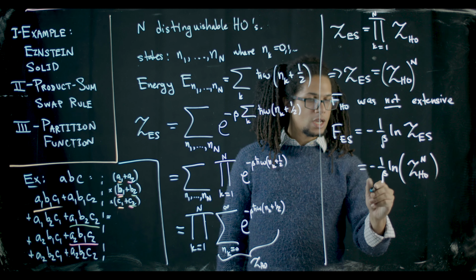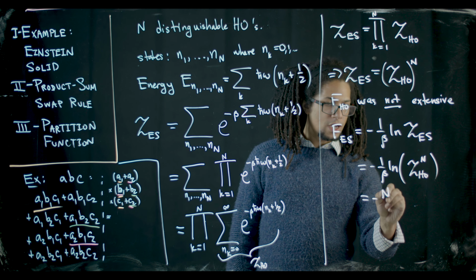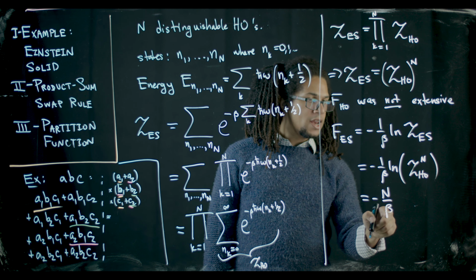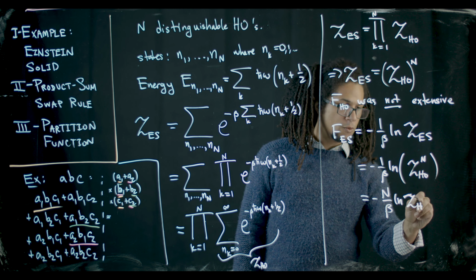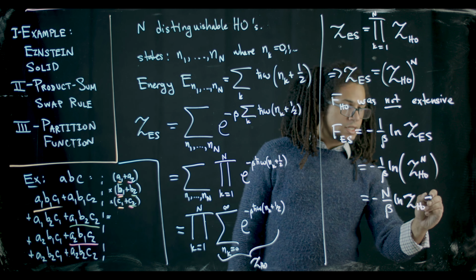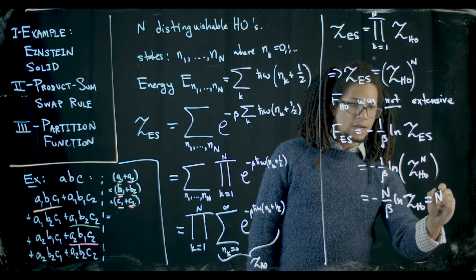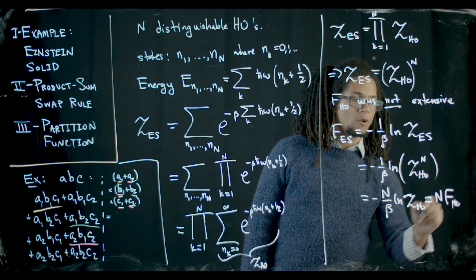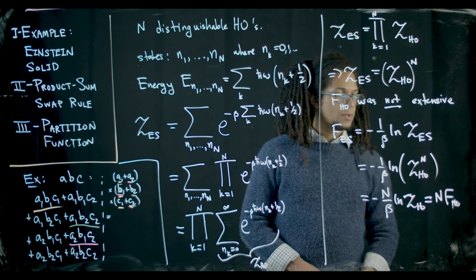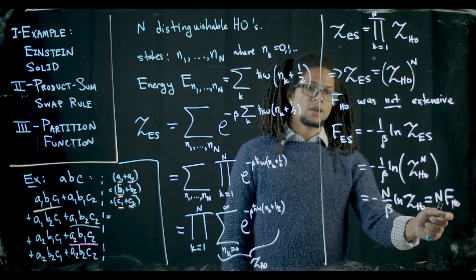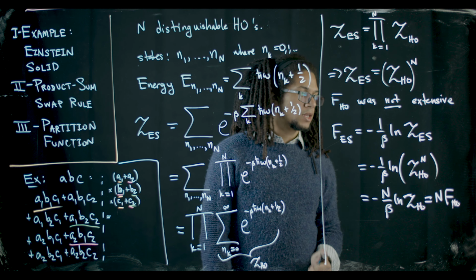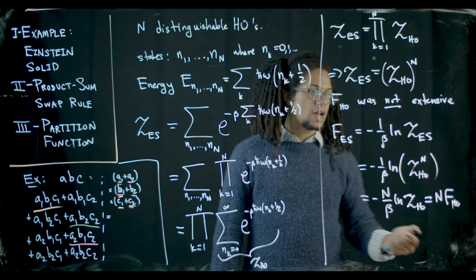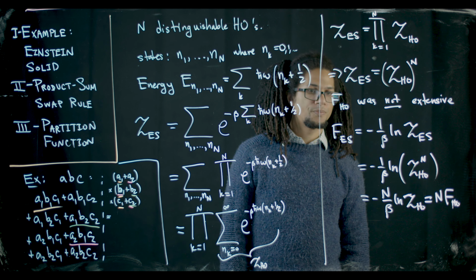But then the n can just come down. So this becomes minus n over beta times the log of Z_HO. And look, this is exactly n times F_HO. In other words, in this case, because the particles were not interacting, the free energy for the Einstein solid is just capital N times the free energy for the harmonic oscillator.